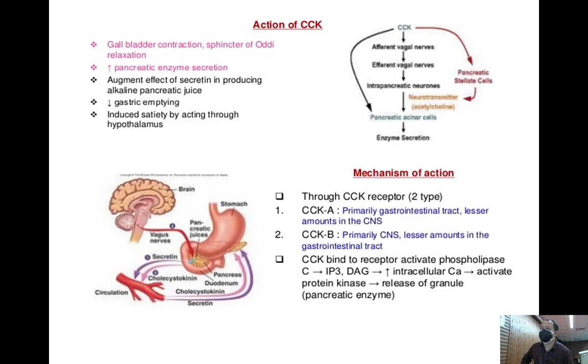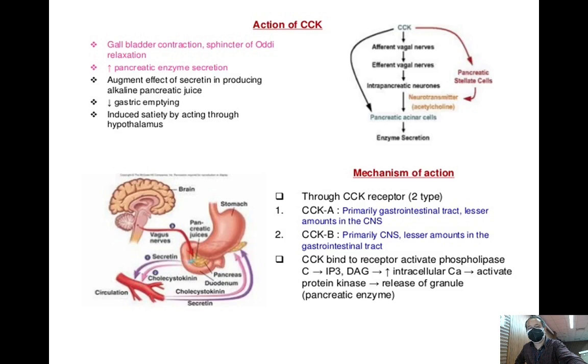Even fat itself is a stimulus that activates the secretion of CCK, and then protein as well, the peptides, the digested product of protein, peptides and amino acids. These also have a role in increasing the secretion of CCK from the cells that are present in the duodenum and jejunum.